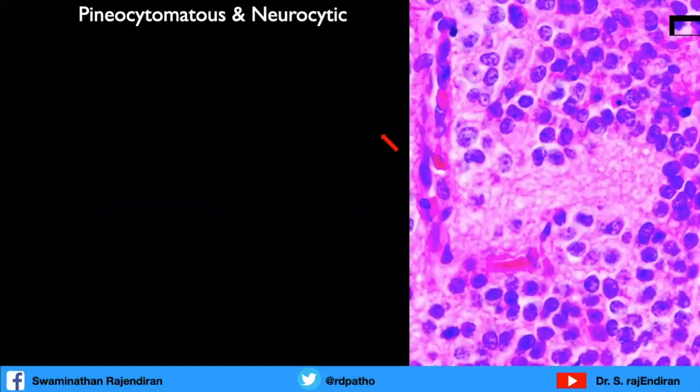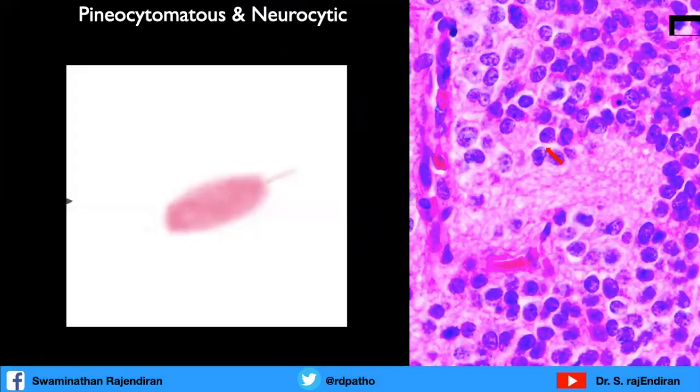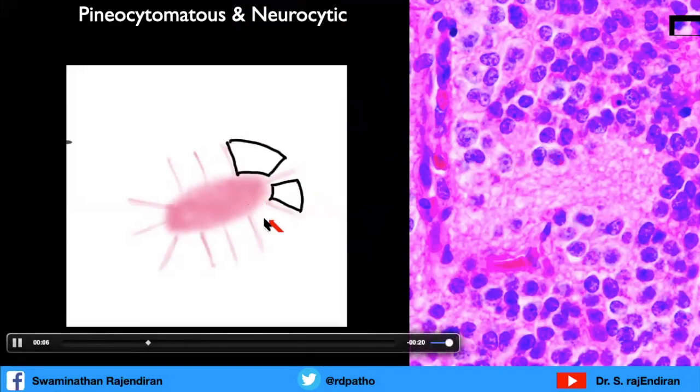What is a pineocytic or neurocytic rosette? It is very similar to Homer-Wright rosettes, but these are larger and more irregular in size and shape. Otherwise, it will be exactly the same as Homer-Wright rosettes. Let us see how to draw that by a small cartoon. So these are relatively large and irregular.